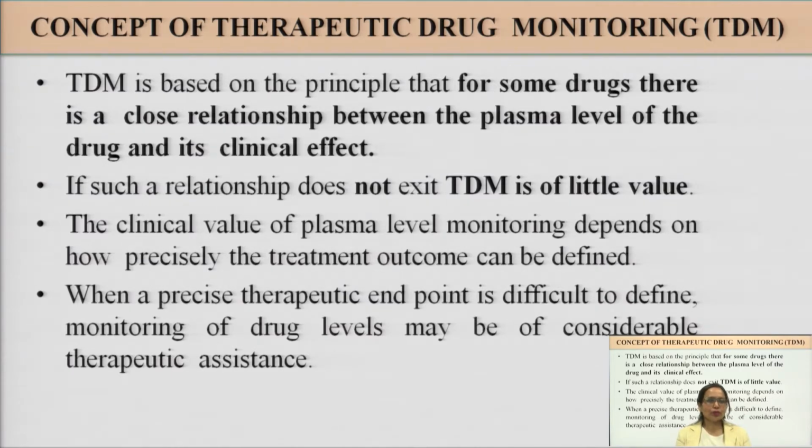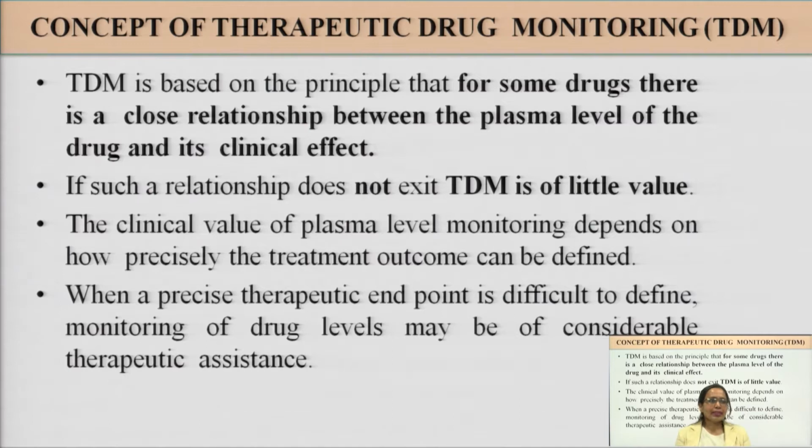Likewise, it is totally linked, and if such a relationship does not exist, then therapeutic drug monitoring is of little value. If there is no link with the plasma level, which is very rare, then for those types of medicines TDM is of little value.